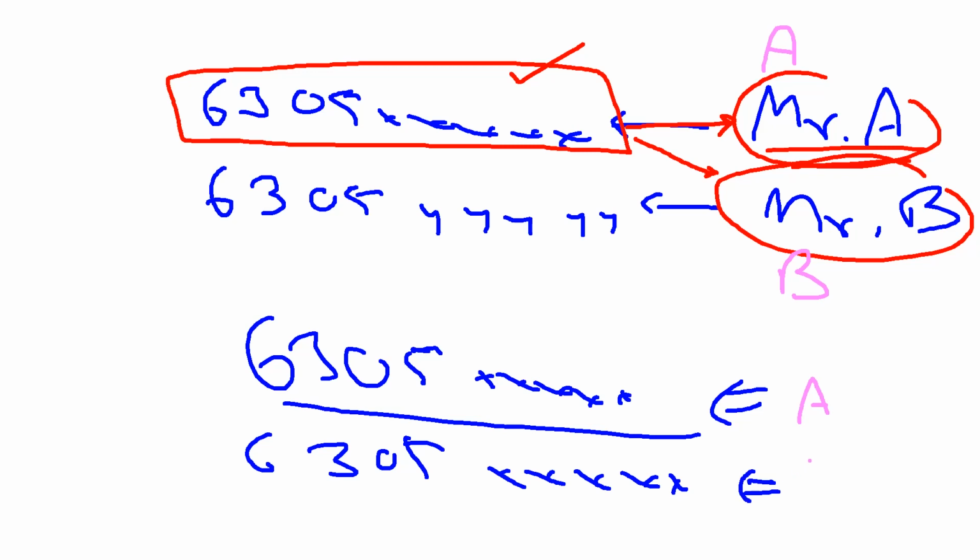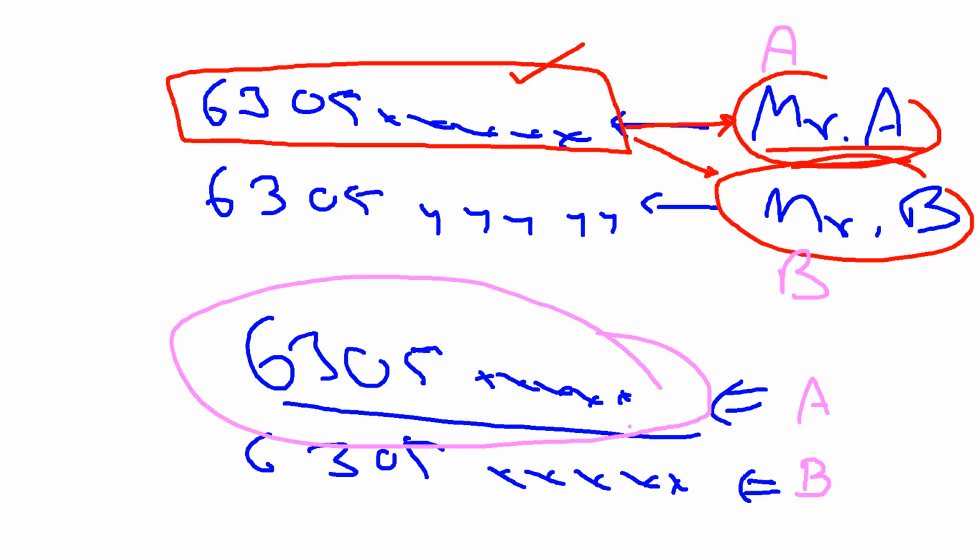This one also, you get B. Some conflict, quite confusing, right? Is this grade for Mr. A or Mr. B? Because it represents two or more things. So basically, one code in the same system should represent only one thing.